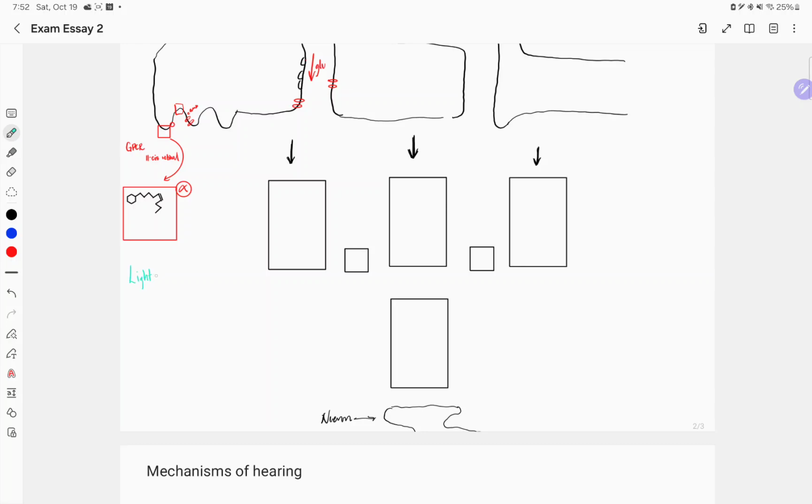Light hitting photoreceptor means less glutamate being released from the photoreceptor. If it's dark, it's the opposite: it means more glutamate. So let's take what we learned before and add another dimension to it to really understand how light is processed in the eye physiologically.